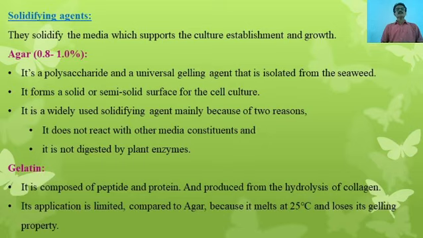It is widely used as a solidifying agent because it does not react with the media composition, and it is not digested by the plant enzymes. For this reason agar is preferred over the other gelling agents.